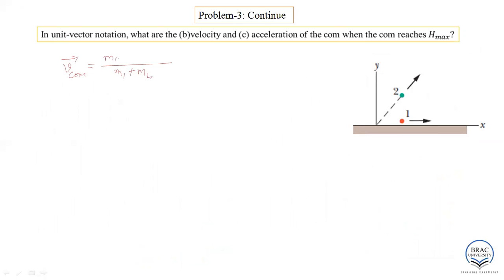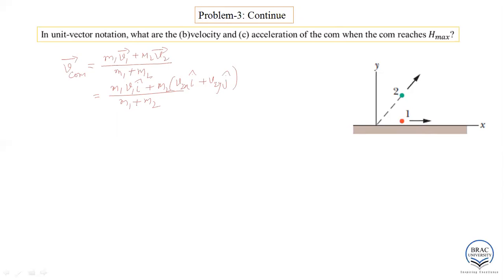Here it is m1 v1 vector plus m2 v2 vector. If we express this as unit vectors, here it is m1 v1 i plus m2 v2x i plus v2y j.